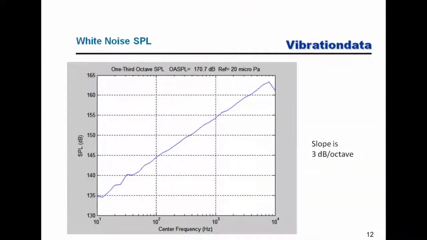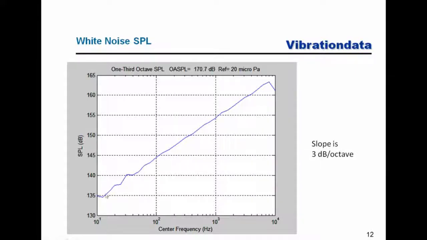And here's another thing to note. I should have mentioned this already. This is white noise. So if we were representing this white noise in a power spectral density format, you would see that the level would be flat. It would be a horizontal line. But we're grouping the energy into 1/3 octave bands. So the bandwidth is increasing as we go up in frequency.